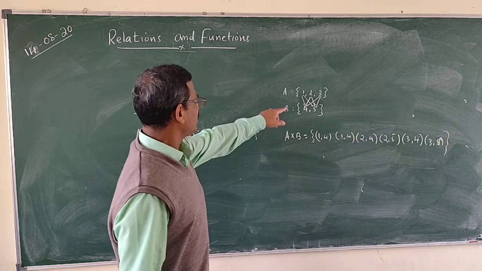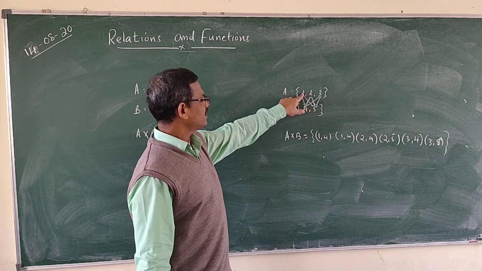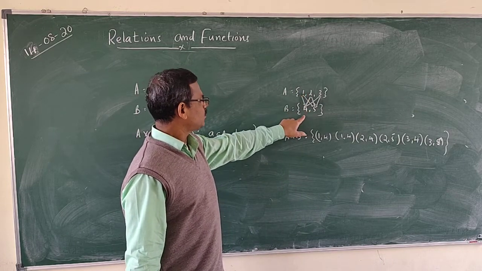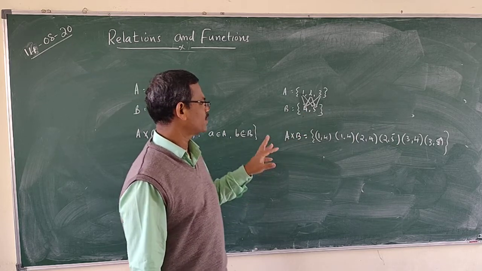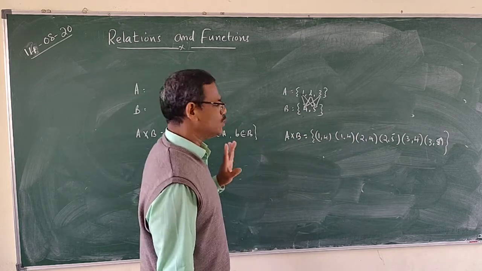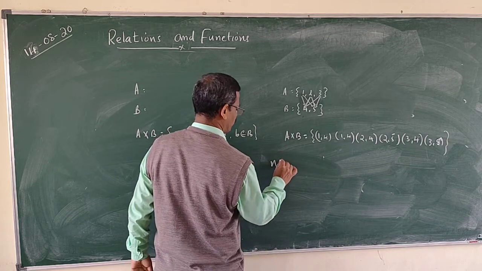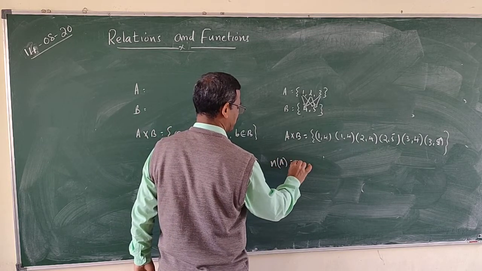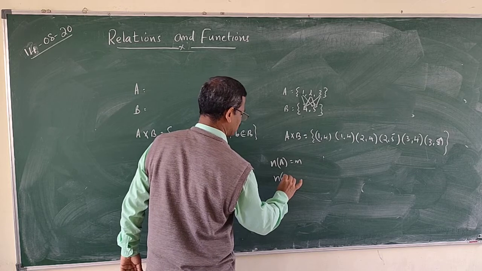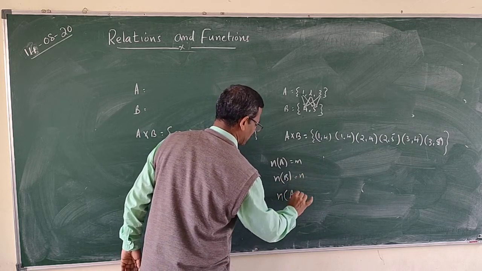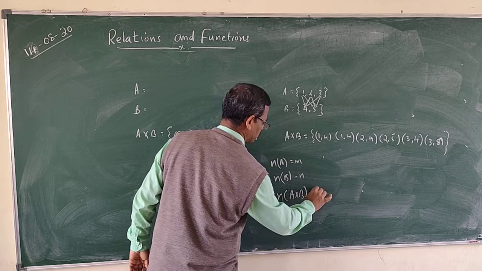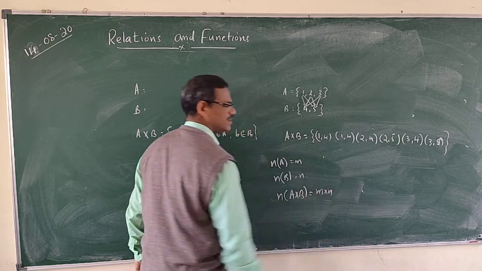You can see that if there are 3 elements here and 2 elements here, the total number of elements in the Cartesian product will be 3 × 2 = 6. That is, if the number of elements in A is m and in B is n, the number of elements in A × B is m × n.